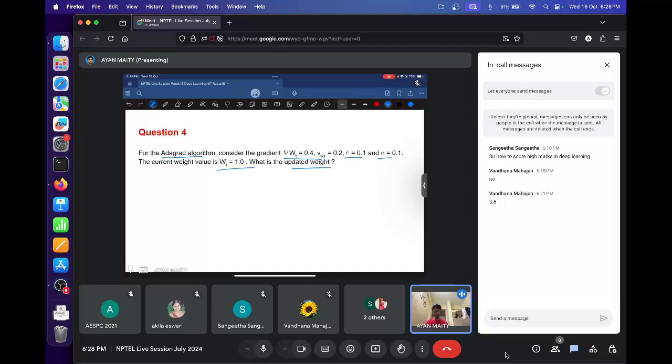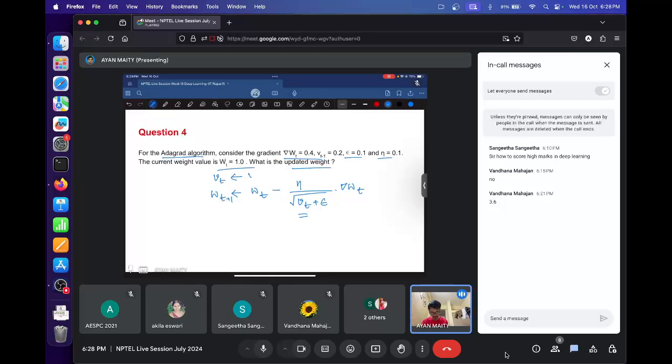Many of you might not remember the update rule for Adagrad because it's a lengthy expression, so I will just show you the steps. In Adagrad, Wt plus 1 is updated as Wt minus eta, which is the learning rate, divided by root over Vt plus epsilon, into the gradient of Wt. Now this Vt is also updated in every step.